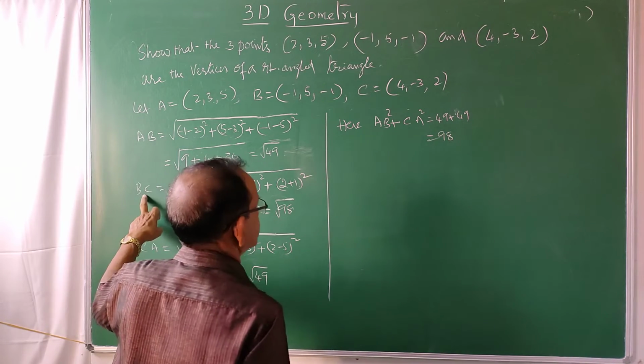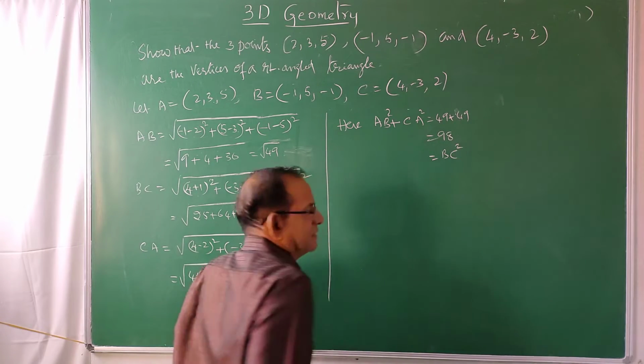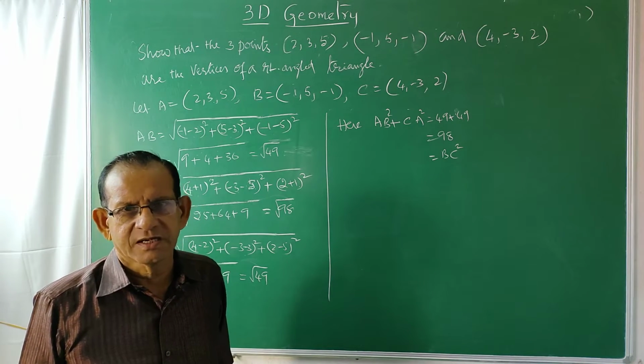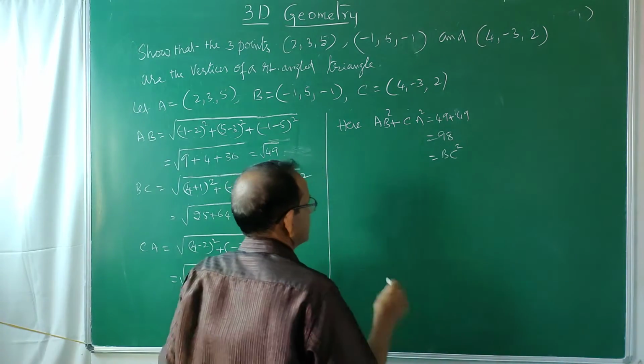That is equal to BC square. And if the sum of the squares of two sides is equal to the square of the third side, then it must be a right angle triangle with BC as hypotenuse.